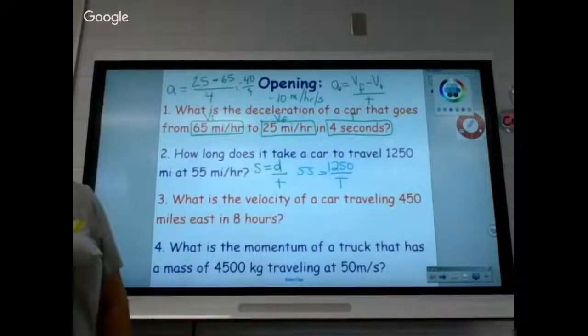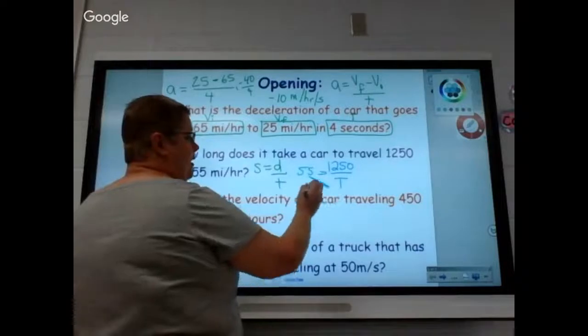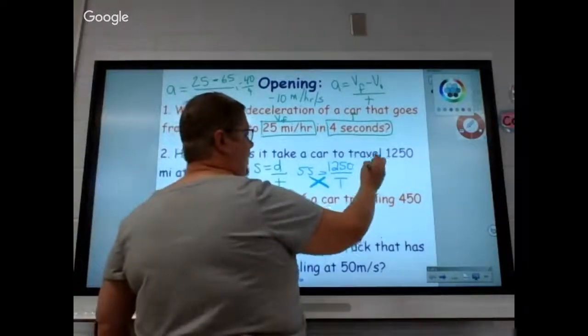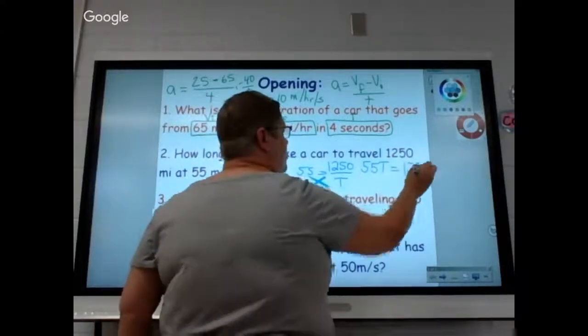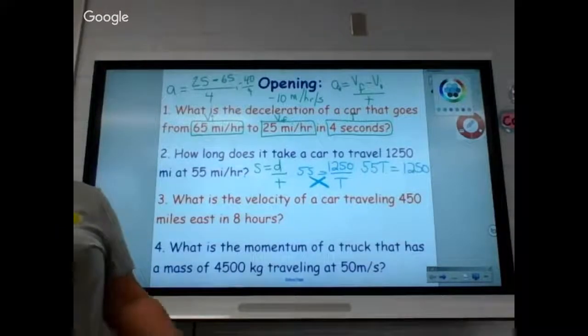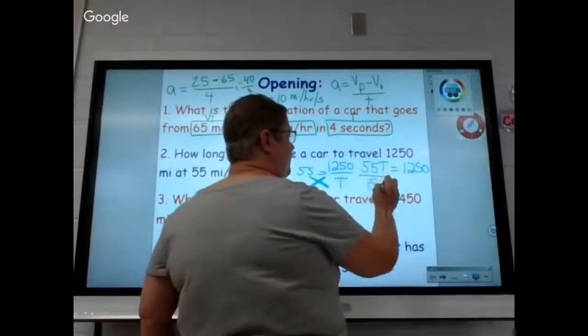So how do I solve for the time? Cross multiply, then divide. All right, so cross multiply. So 55 times t is 55t, and then you get 1250. So once you get there, everybody knows how to get t by itself. What do you do to get t by itself? Divide by 55.